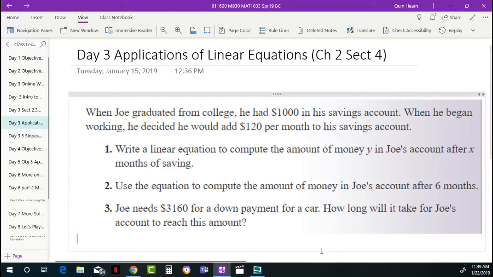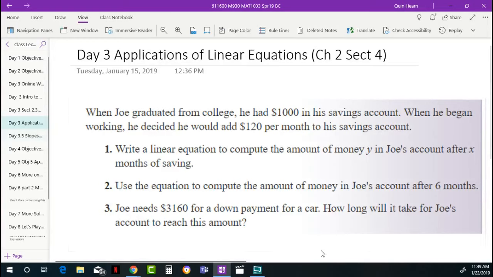Number 1, write a linear equation to compute the amount of money Y in Joe's account after X months of saving. And number 2, use the equation to compute the amount of money in Joe's account after 6 months. And number 3, Joe needs $3,160 for a down payment on a car. How long will it take for Joe's account to reach this amount?